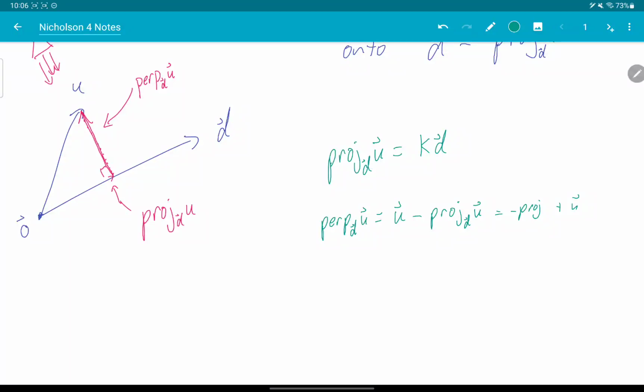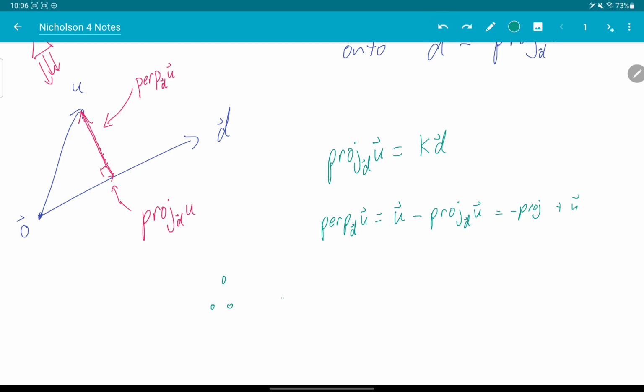Okay, so continuing here, we have a clever observation to make. We'll notice that this perpendicular, when I do a dot product with D, I'm going to get 0, because of this right angle here.